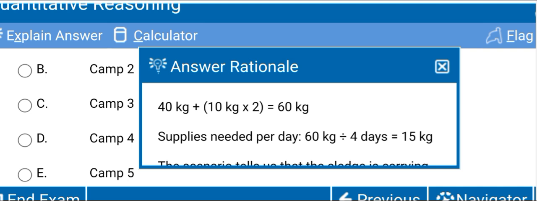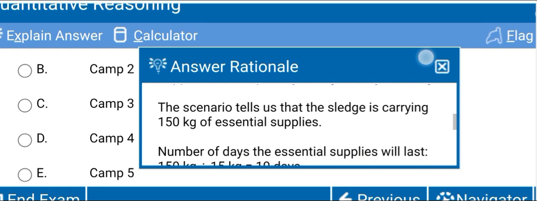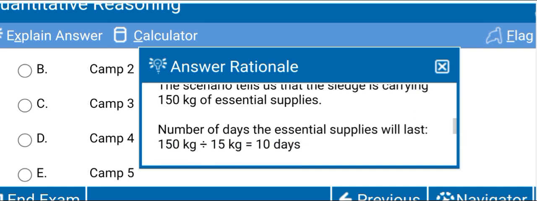So supplies needed per day is 60 kg divided by 4 days equals 15 kg. The scenario tells us that the sledge is carrying 150 kg of essential supplies. The number of days the essential supplies will last is 150 kg divided by 15 kg equals 10 days.